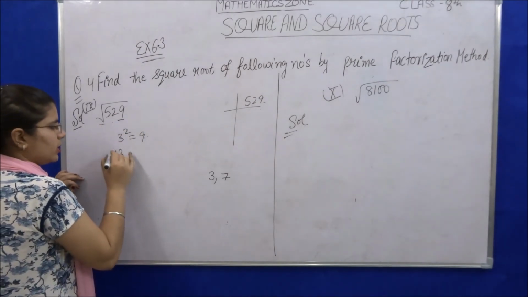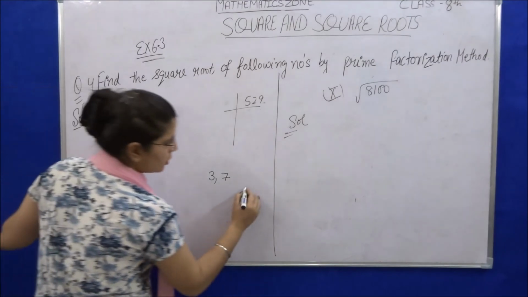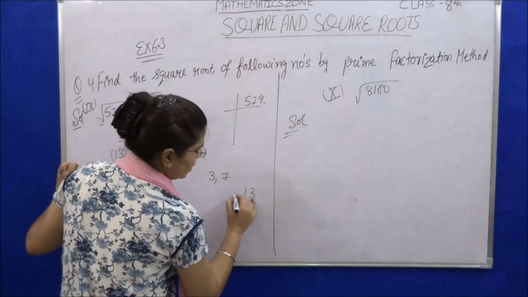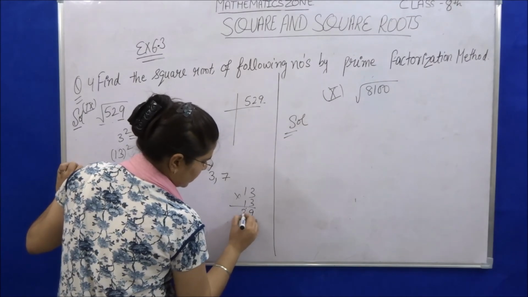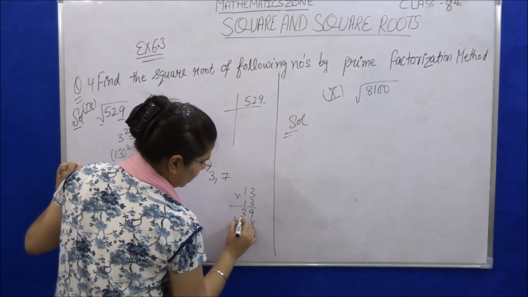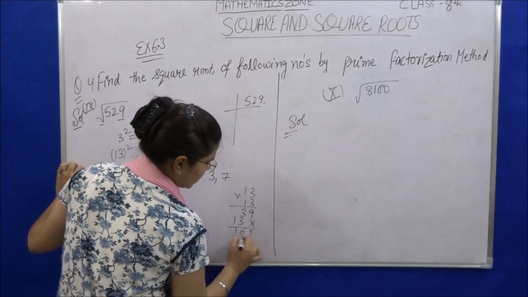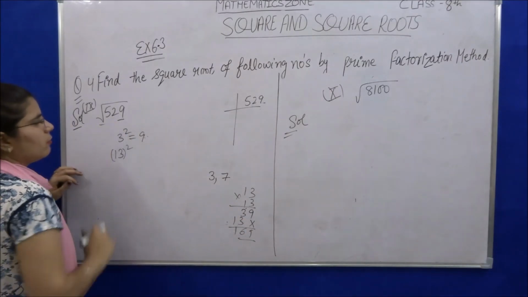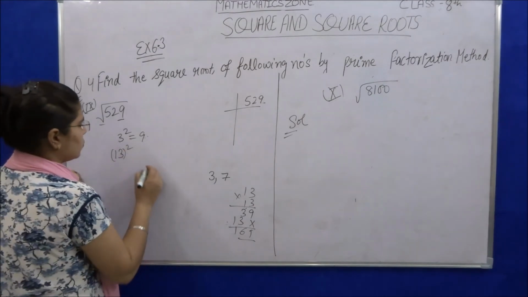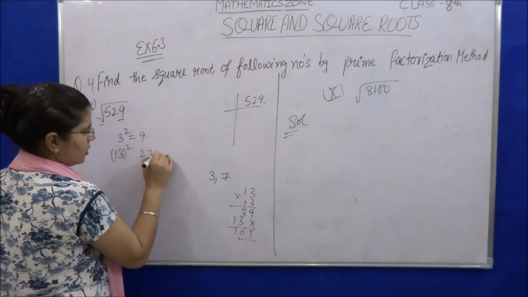Now we will choose 13 square. 13 multiplied by 13 will be 169, which is not 529. So let's choose next 23 square.